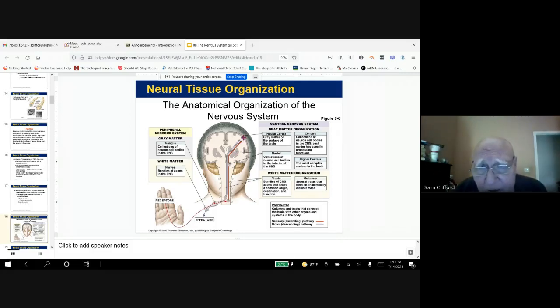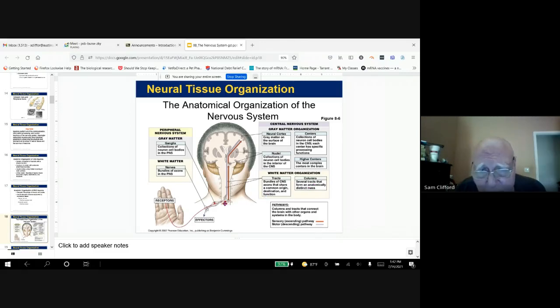So gray matter is on the outside, then white matter. So we have the cortex, we have various centers. These nuclei are centers of cell bodies. White matter is insulated neurons that form tracts and bundles of axons, and several tracts that are in columns.